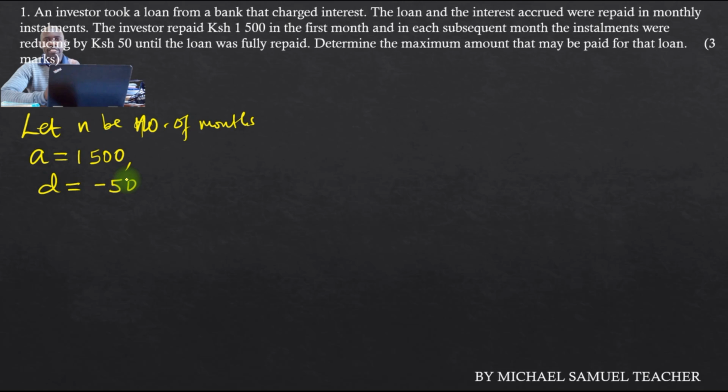Then after the final payment of the loan, the last term will be 0. Since it is reducing to 0, the question requires us to find the maximum amount. So we expect at the end of it all, the sum of n terms will give us the maximum amount.